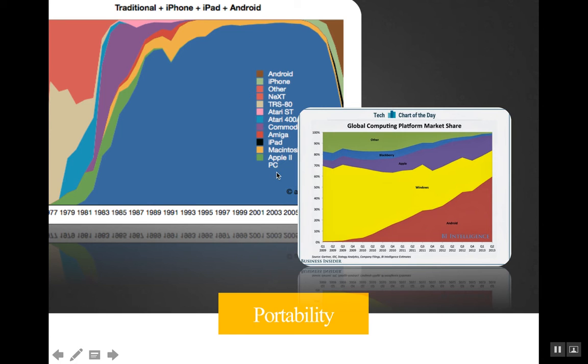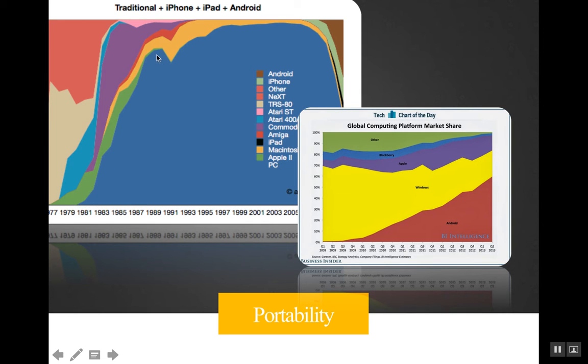Traditional would be the PC. This big blue blob we see here is the dominance of the PC. You might say, well, how did Microsoft get to be so big? If you follow this chart from about 81, the introduction of the IBM PC was in the 81 timeframe.